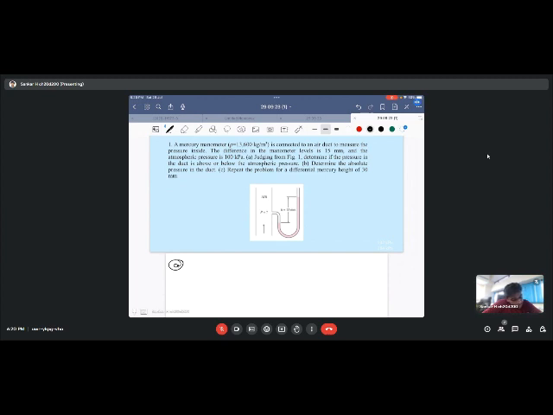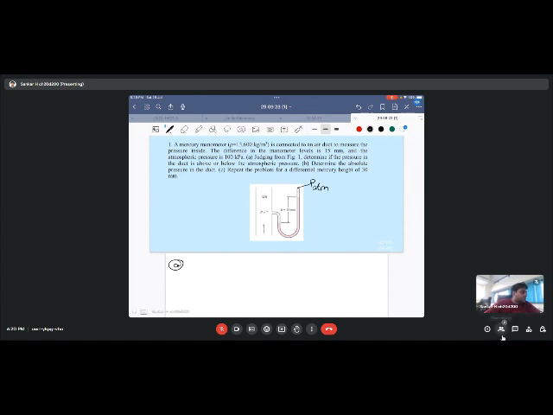What we need to understand is that the limb that is shown here is not closed, it is kept open. And when it is kept open, we always need to assume that the pressure at this point is the atmospheric pressure.